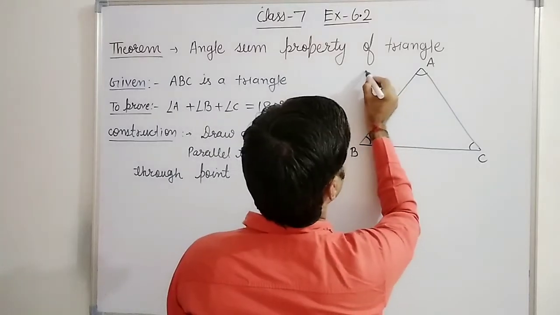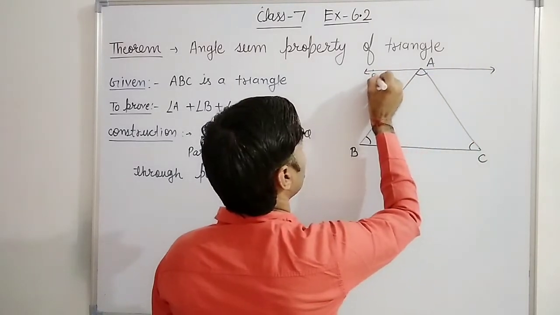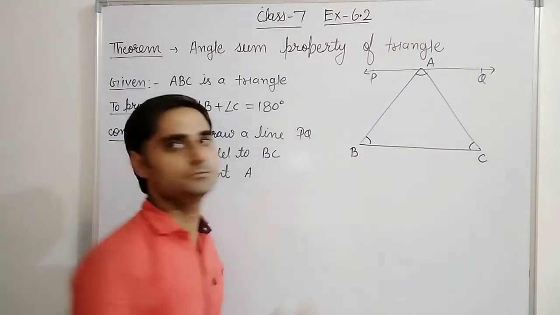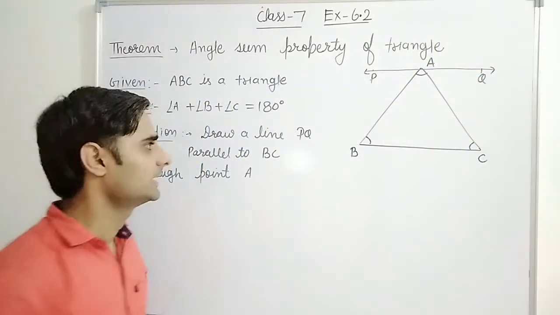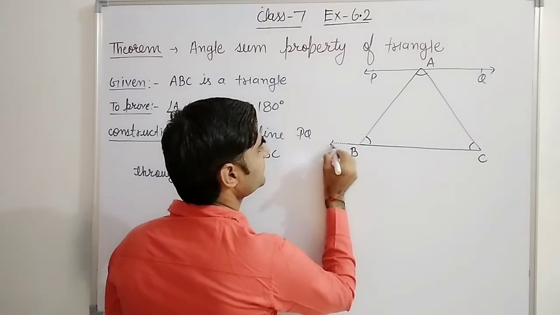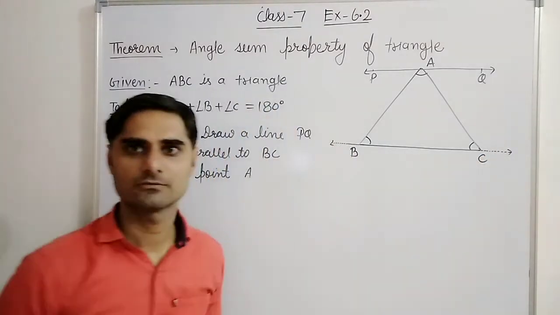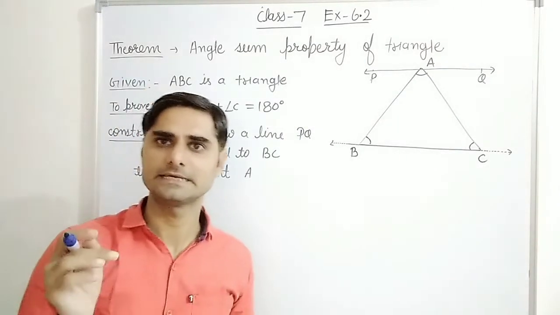How will we draw it? Like this. See, this is the line PQ. Like this we can draw. And here you can take this B up to here and the C up to here for understanding it in an easy way.